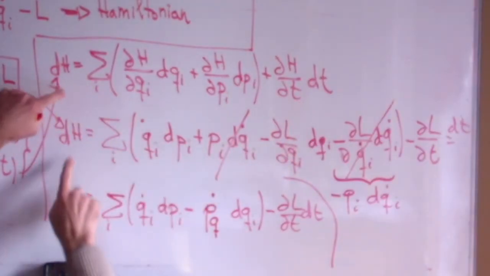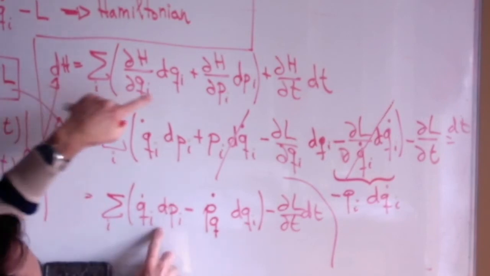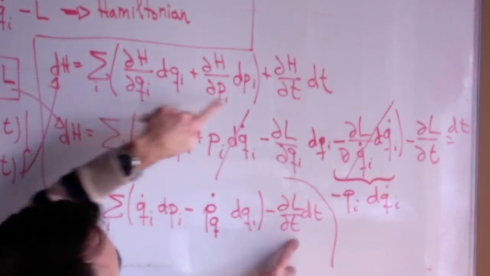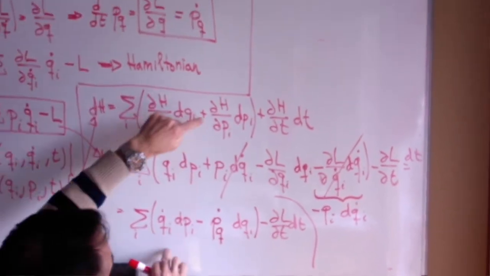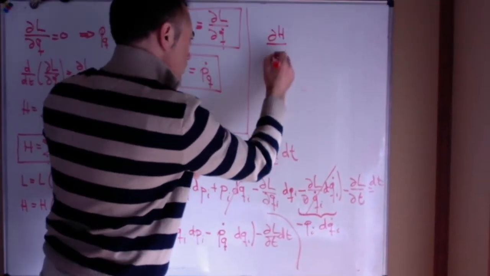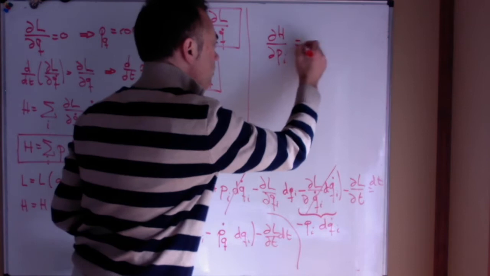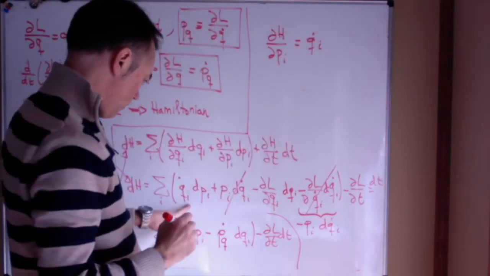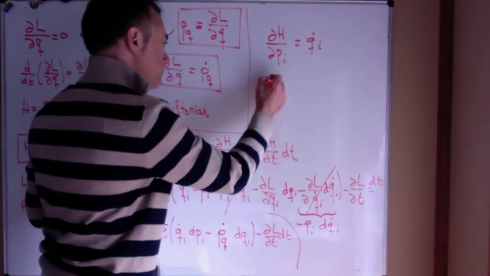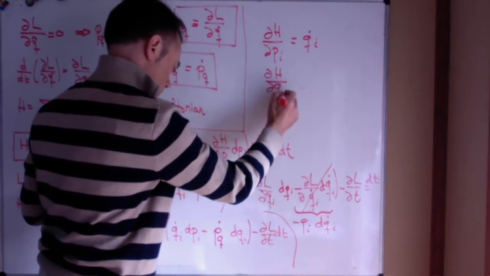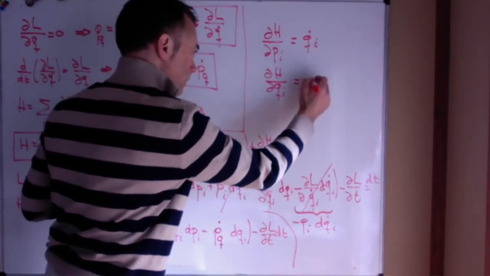Let's now compare these two equations. We can identify the following two identities. q dot is equal to the partial of the Hamiltonian with respect to p, and minus p dot is equal to the partial of the Hamiltonian with respect to q.